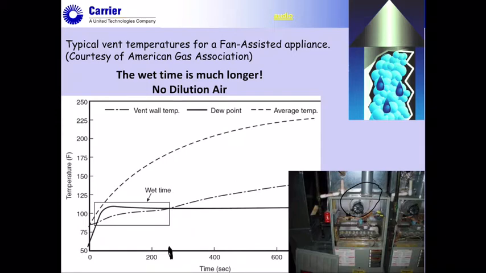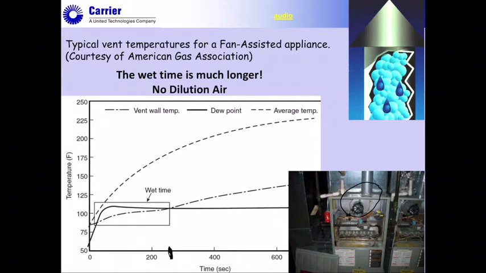Now, I'm not privy to any of the additional statistics as far as what type of vent system, how they ran their test, or whether this is with a B vent or a chimney, anything like that.